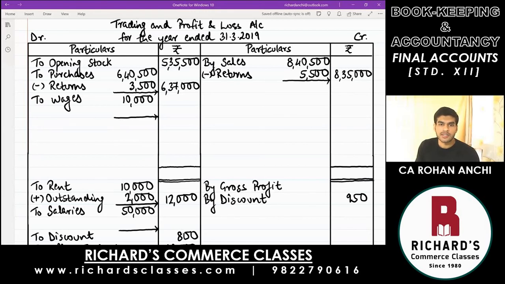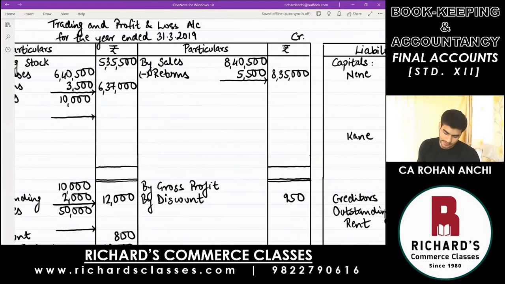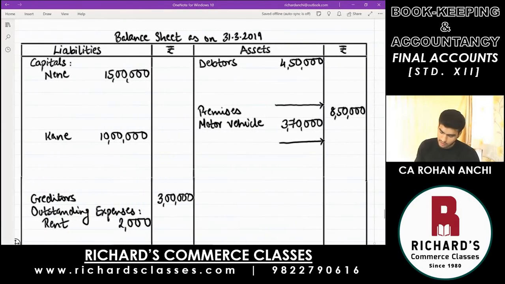Continue. After returns, the next is provident fund investment. That is an asset. Write on balance sheet asset side. Provident fund investment.